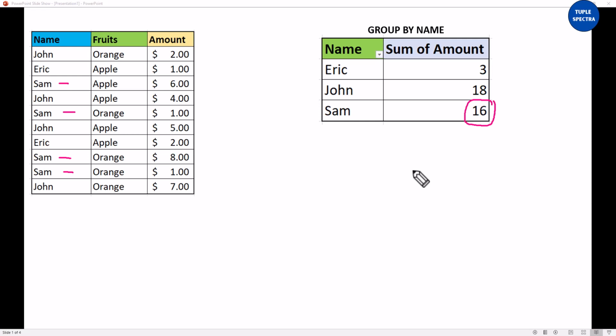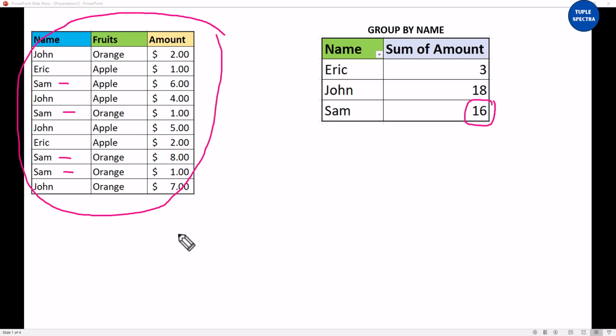Like I said, if you're talking about the group by, what that means is that you are trying to segment your data. This is my data. I'm trying to segment this data into different segments or different groups based on a particular column or based on multiple columns.